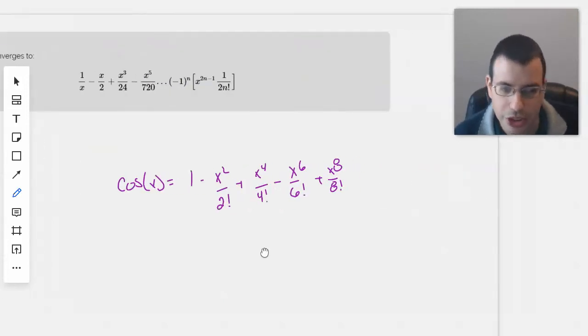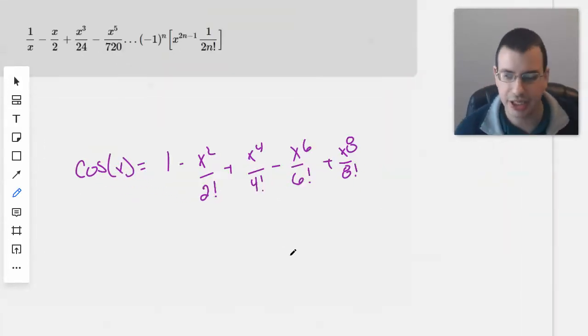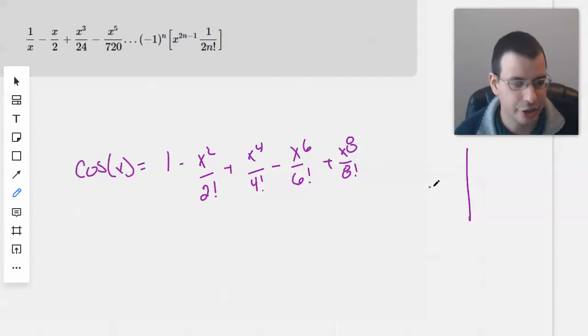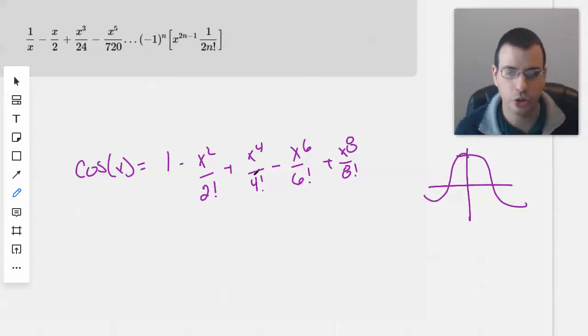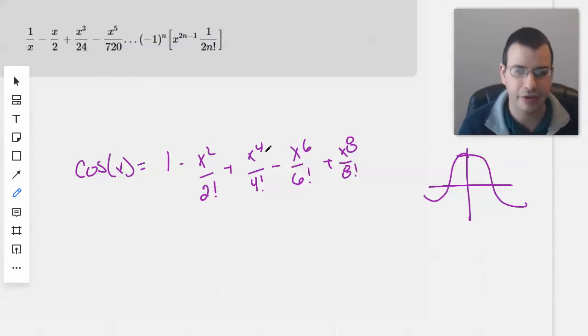And one of the ways you can remember this is when you look at cosine of x. Cosine of 0 is going to be 1, so it makes sense that 1 will be the first term. And everything is raised to an even power.